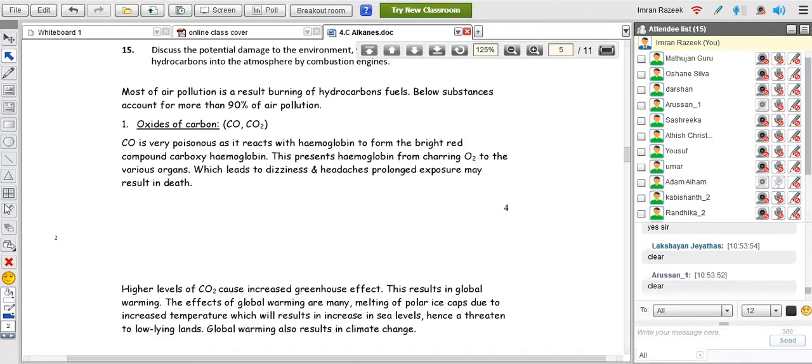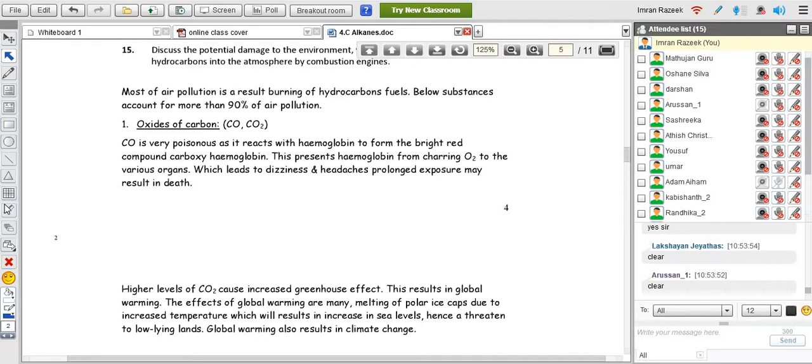So this results in headaches, because our brain is very sensitive to oxygen. That's one of the most sensitive organs. And prolonged exposure to carbon monoxide will result in death. Right? It's very important to know that carbon monoxide has no color, no smell. So you will not know you are inhaling carbon monoxide till you faint. Because it's a very big issue.